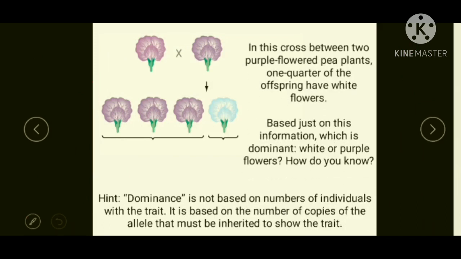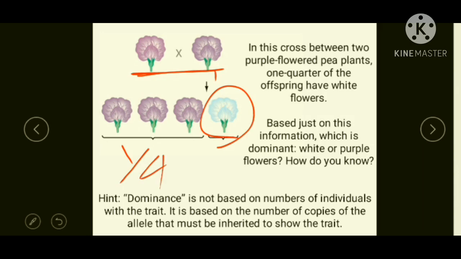Here, in this cross between two purple flowered pea plants, one quarter of the offspring have white flowers, but three quarters of the offspring have purple flowers.